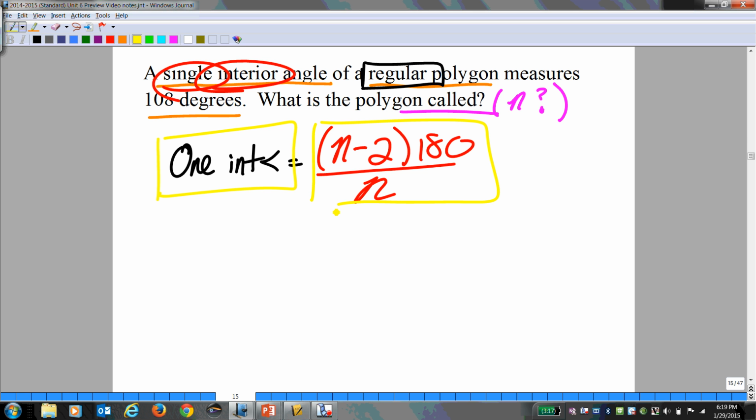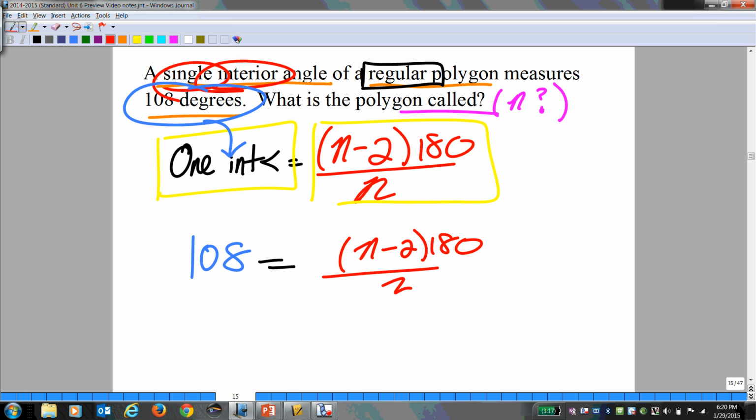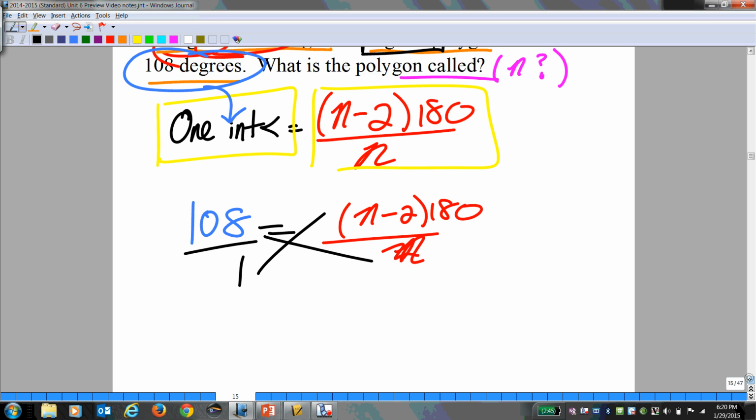Always write your equations with two sides, because this 108 does not plug in on the right; it's right here. That is your interior angle. So we're going to write 108 equals n minus 2 times 180 over n. My n's are getting sloppy here. Over 1. Now we cross multiply.